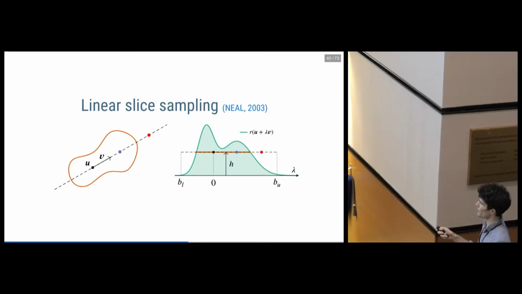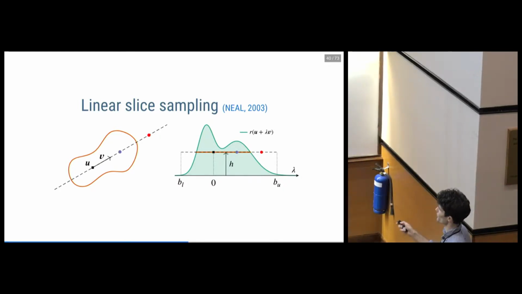So the slice is all of the points which have a density above the value of the slice variable. All points from here to here have a density which is higher than h. If this was a cross-section through a distribution defined on a 2D space, the slice itself might look something like this.